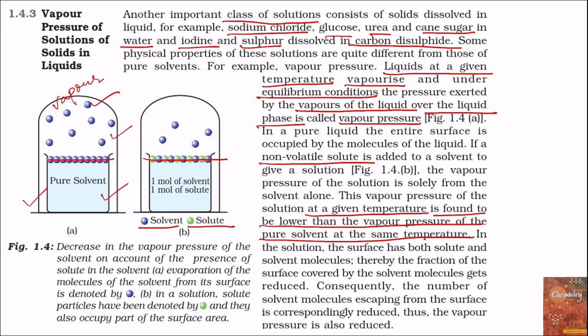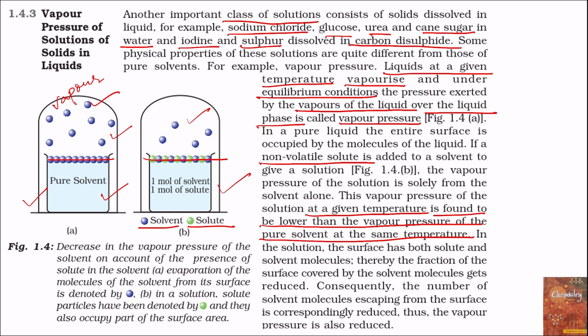Now the surface of the solution is partly occupied by the solvent molecules and some part of the surface is occupied by the non-volatile solute particles, because of which the number of molecules of the solvent going into the vapor phase decreases, because evaporation is taking place from the surface. In case of pure solvent, the entire surface was occupied by the solvent molecules, so a large number of solvent molecules were escaping into the vapor phase.